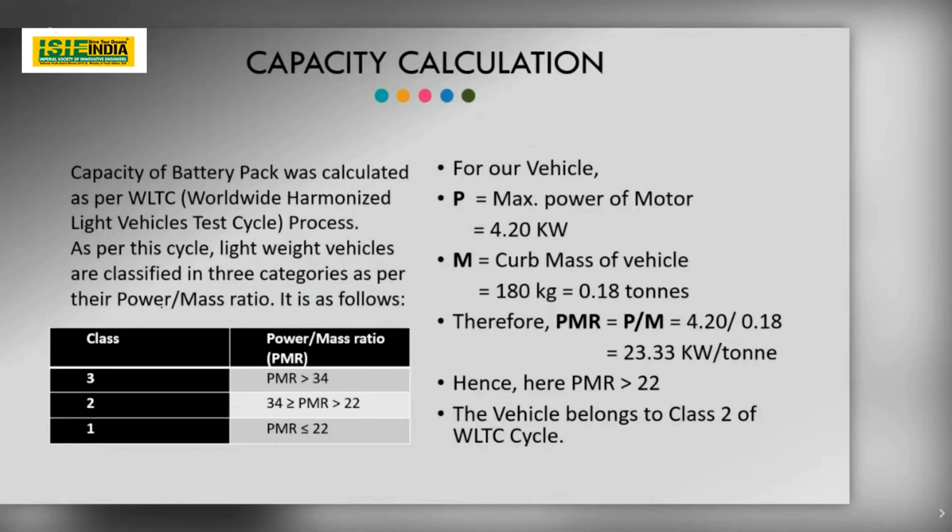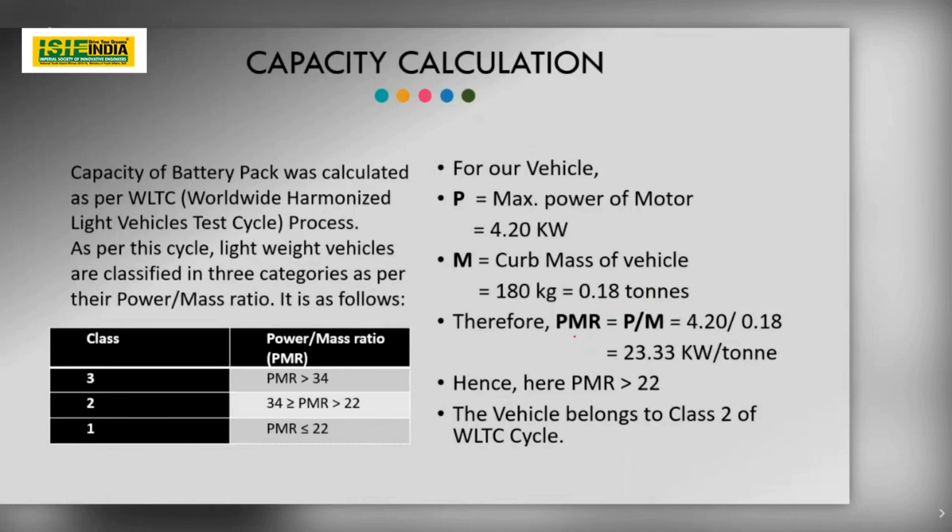Taking the situation for our vehicle, the max power of the motor, as we saw on the first slide, was 4.2 kilowatt, while the kerb mass of the vehicle is 180 kgs, that is without driver, and it goes equal to 0.18 tons.